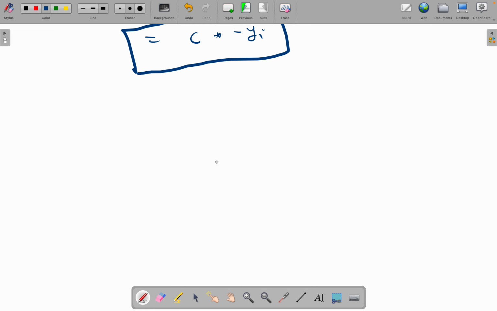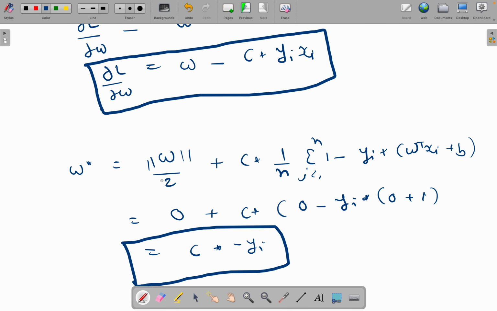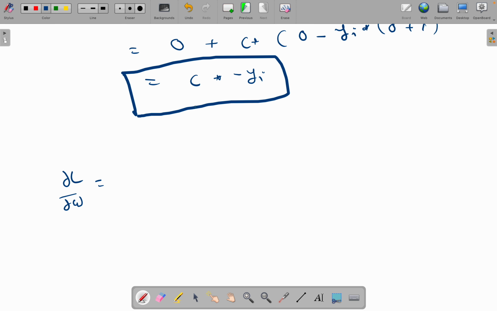So in summary, our optimization function, let's say del L by del W, with respect to W it will be W minus c times yi xi. So let's write W minus c yi into xi, and with respect to b it will be simply minus c yi, right?